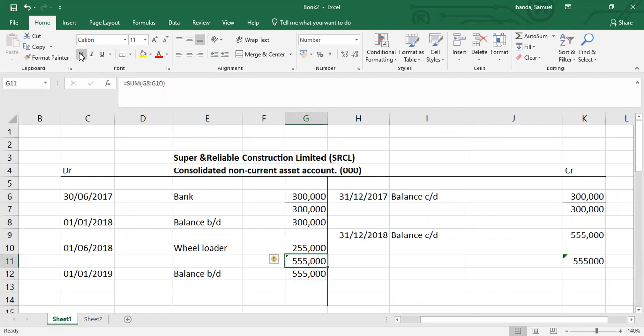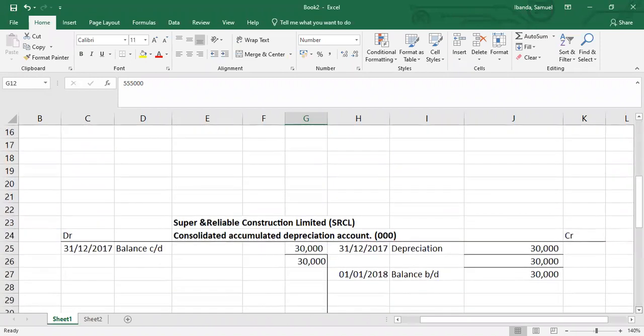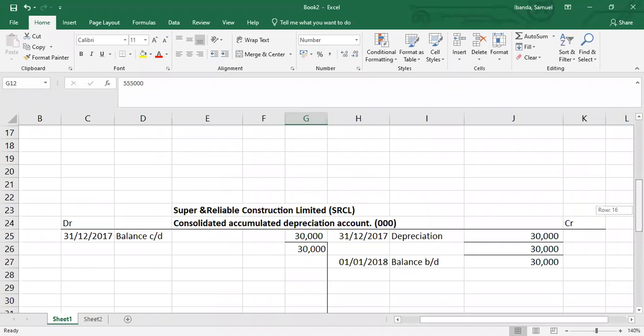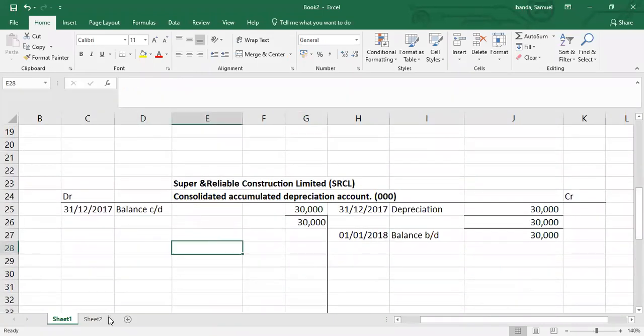Let me just try to make these totals bold. So this will be a balance brought down here. So then if I balance off my bank account, let me account for depreciation.